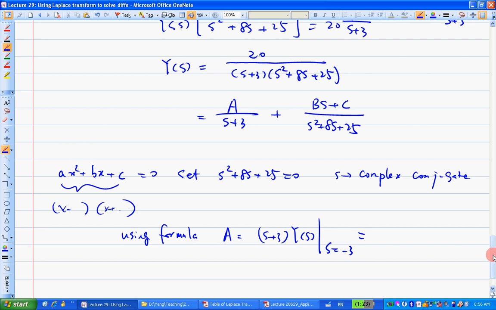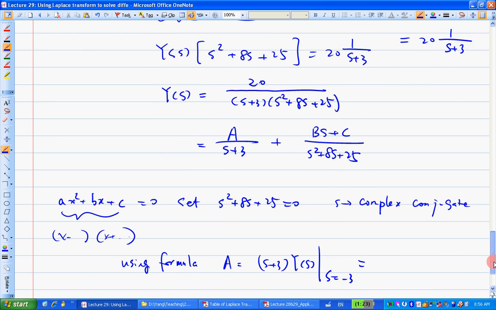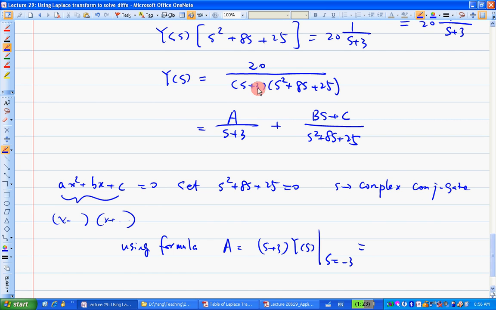So let's see, if I do this, what do I get? S plus 3 times the original one here, so that S plus 3 is gone. So that's 20 over S squared plus 8S plus 25, with S equal to -3. Plugging S equal to -3 into this denominator, so 9 minus 27 plus 25, so 9 minus 2, which is 7, right?